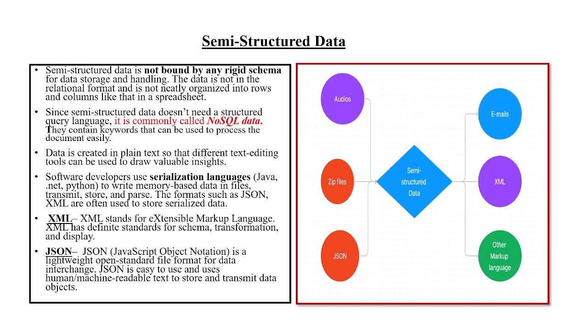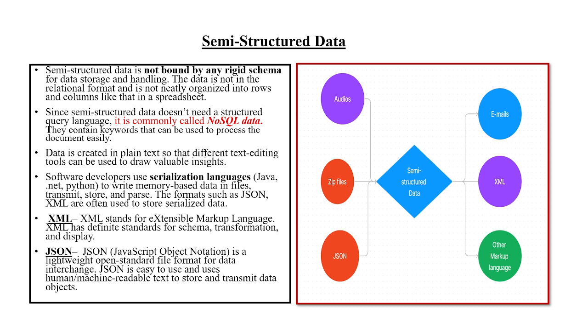Let us move to the last category, that is semi-structured data. The semi-structured data is not bound to any rigid schema. Of course, it uses one, but it is not going to follow the rigid schema. And we do not have any query language associated with this semi-schema, and that is the reason why we call it NoSQL data.